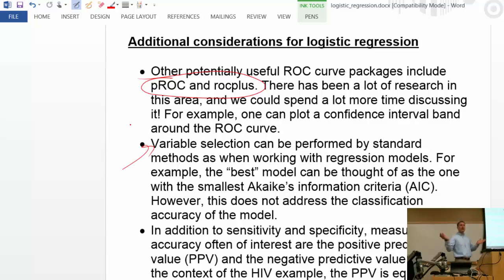What about variable selection? We talked about variable selection with respect to discriminant analysis. We talked about variable selection with respect to nearest neighbor classification. We said it's not a good thing to do. Well, there are standard ways to select variables in a logistic regression setting. If you've taken a Stat 870 course, you know of many different methods for regular regression models.